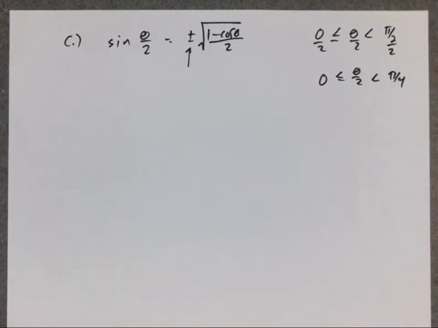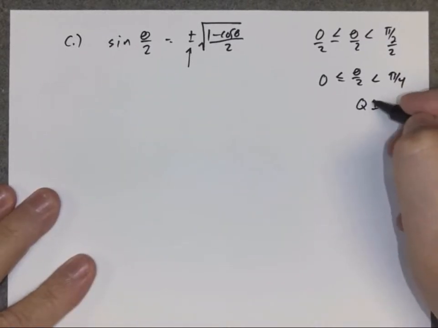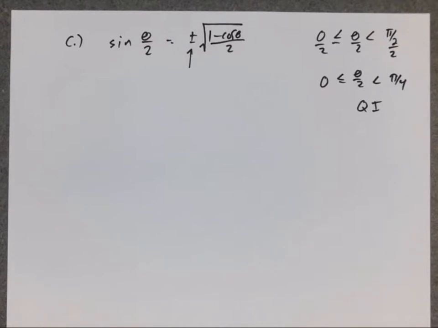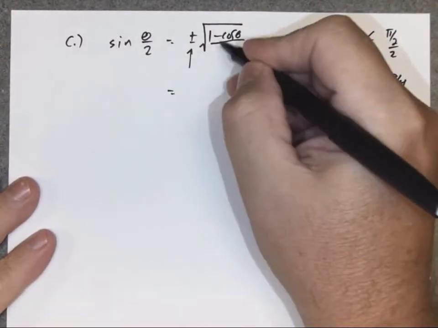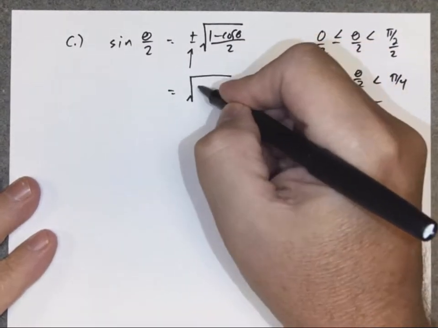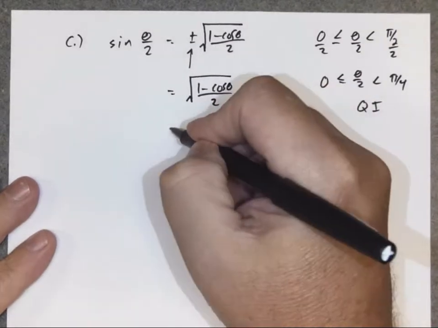And you realize that theta over 2 is actually going to be between 0 and pi over 4, which is all in the first quadrant. And since the sign in the first quadrant is positive, we know this is going to actually be positive. So this is now going to be our equation.